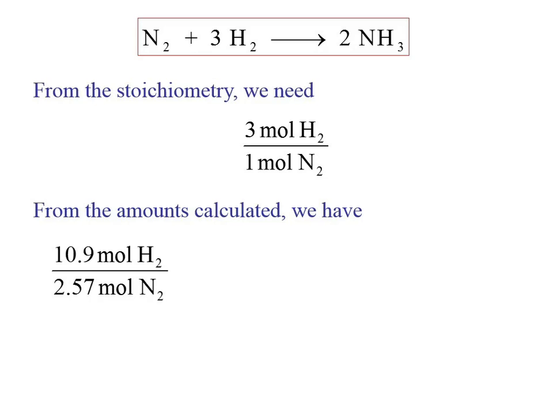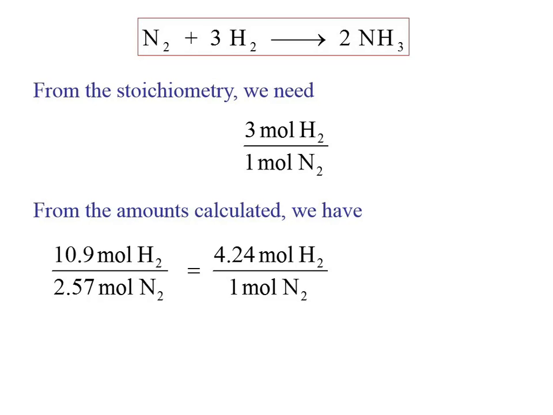Now I use my calculator and divide this out so I can get moles of H2 per 1 mole of N2. If you divide 10.9 by 2.57, you get 4.24. So that means it's 4.24 moles of H2 for 1 mole of N2. And this is where, like I said, I kind of chant it back and forth.